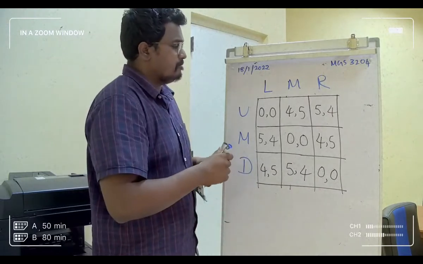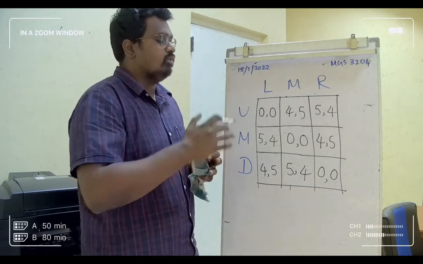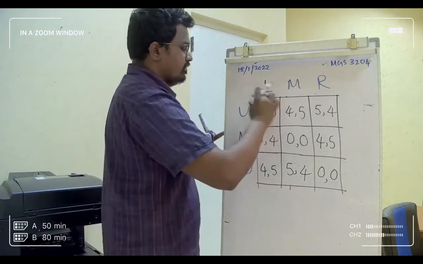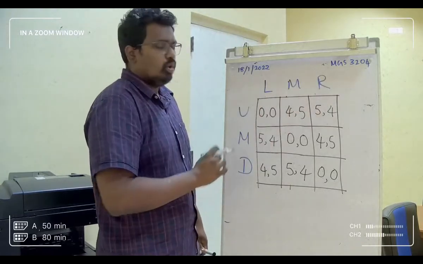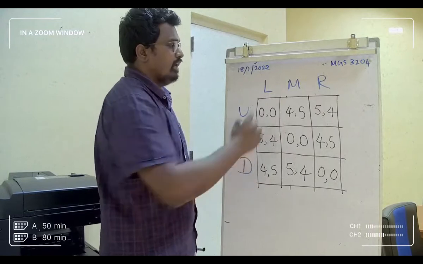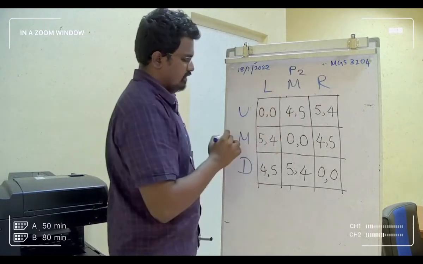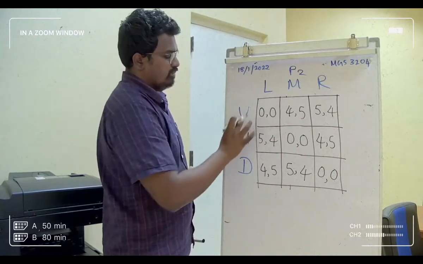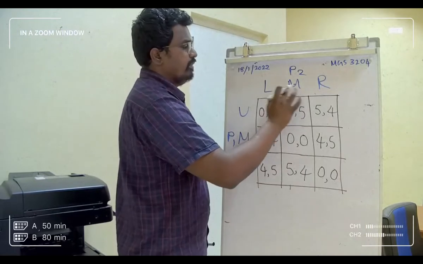Let me provide you a hint for how this game is going to be. Basically you are all familiar with these 2 outcomes, or possible actions. We have 2 players: here we have player 1, and here player 2. Player 1 has up, middle and down; player 2 has left, middle and right.